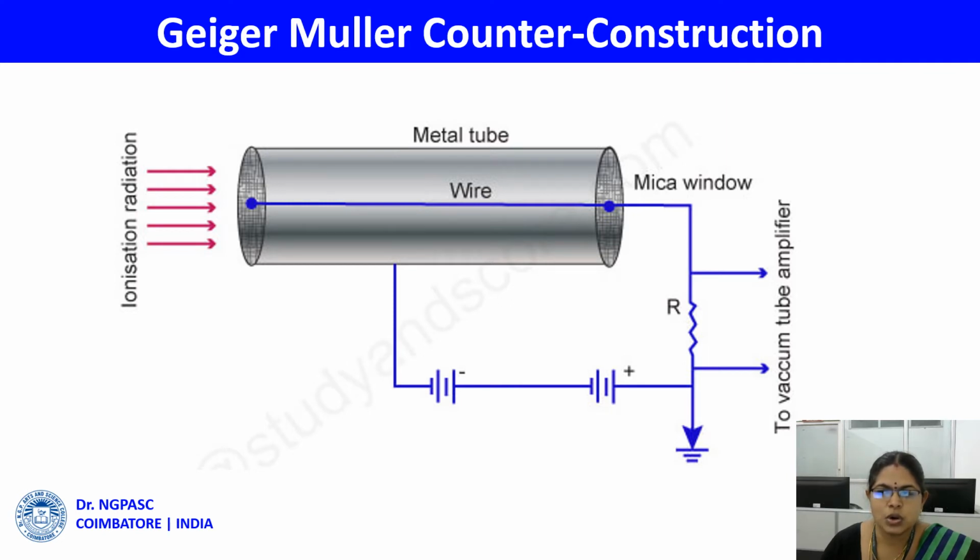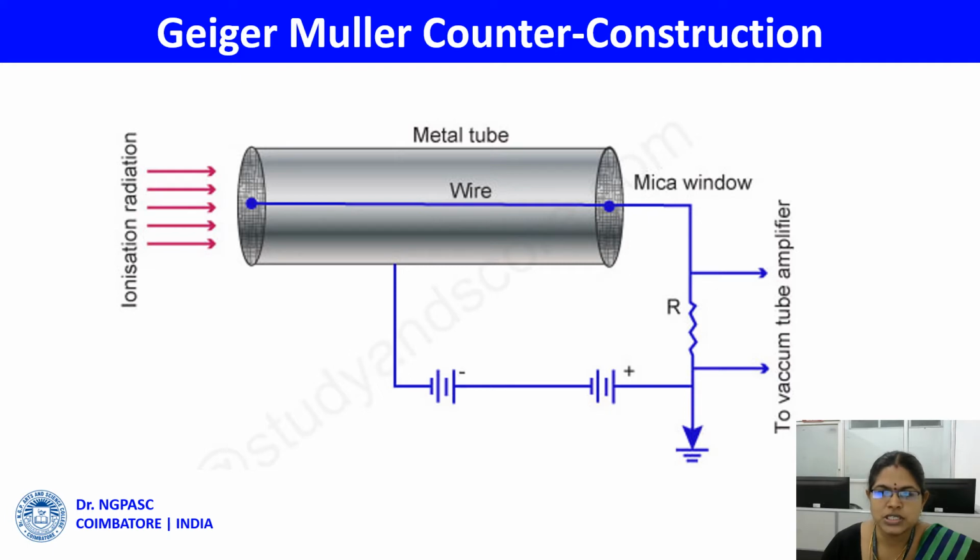This hollow metal case acts as a cathode. A fine tungsten wire is stretched along the axis of the tube, and it is insulated by ebonite plugs, because here ebonite is used as an insulator. This fine tungsten wire acts as an anode. So here we are having both a cathode as well as anode for applying voltages.